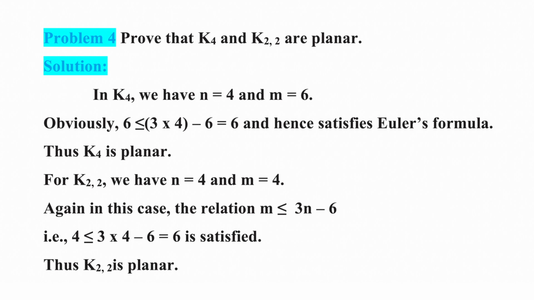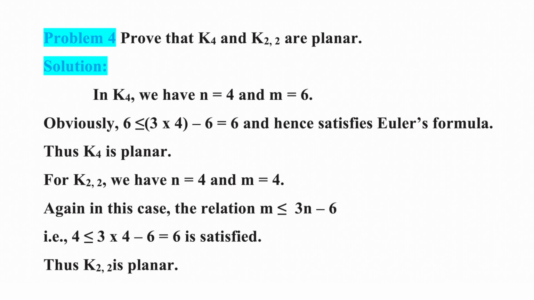The next problem is, prove that K4 and K2,2 are planar. The solution is, in K4 we have n equals 4 and m equals 6. Obviously, we get 6 is less than or equal to 3 into 4 - 6, which is equal to 6, and hence satisfies the inequality. Hence, K4 is planar.